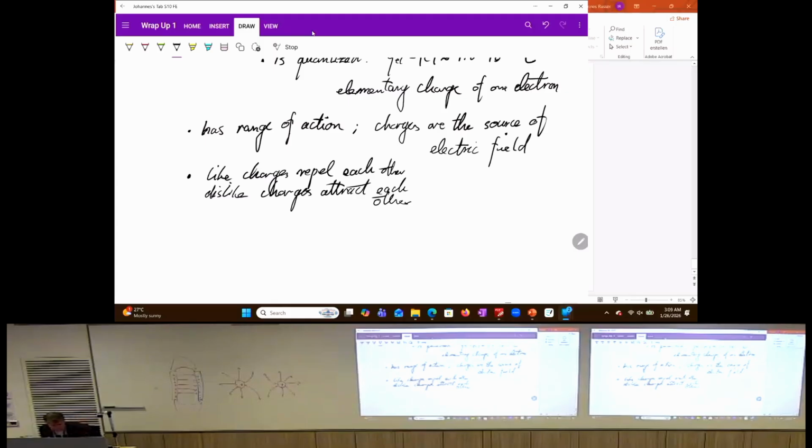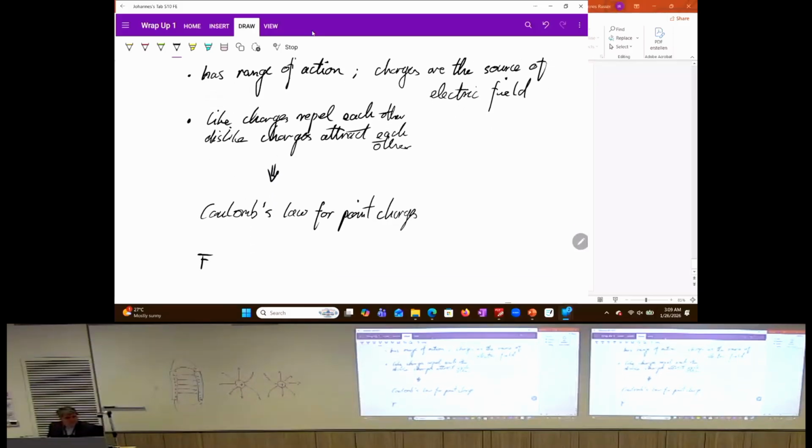The fact that they have this range of action and that they attract or repel each other is summarized in Coulomb's law for point charges. You might know it by heart already, or if not, then you should know it by heart.